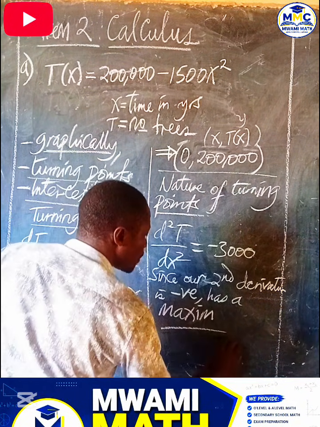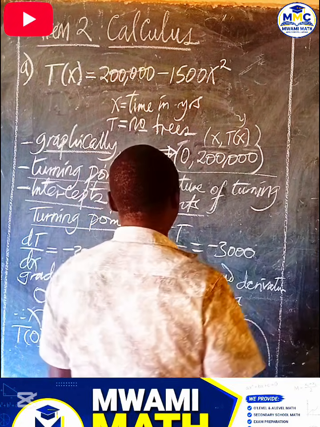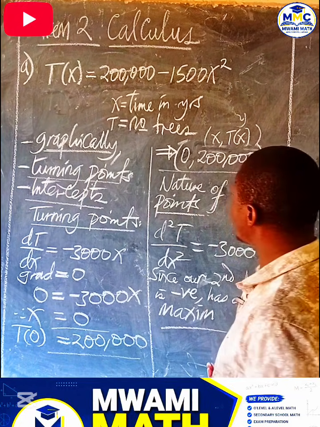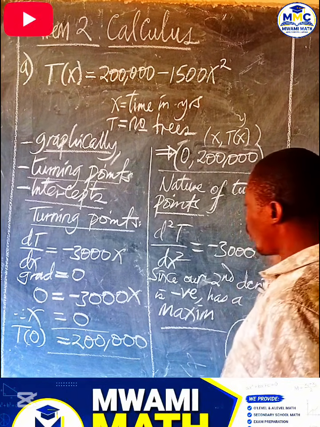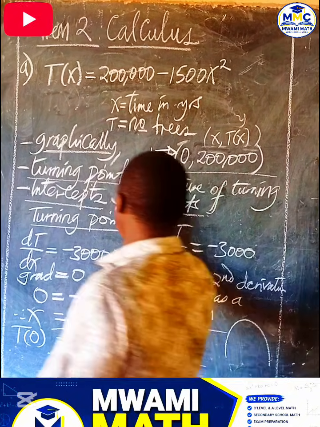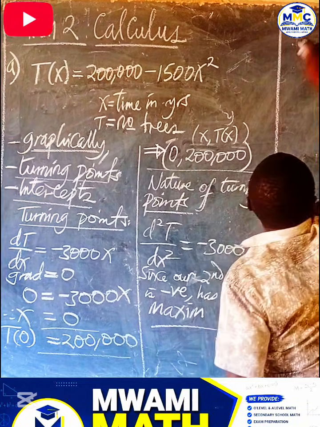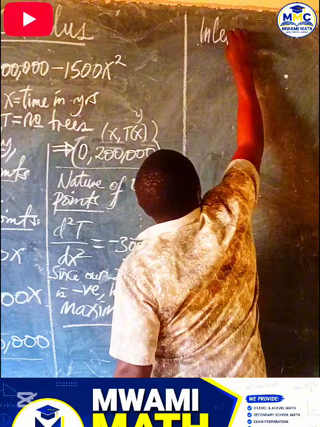Okay, so it will be something like that, maximum. So now, after getting that, we can now proceed and get the intercepts. So now we want to get the intercepts.